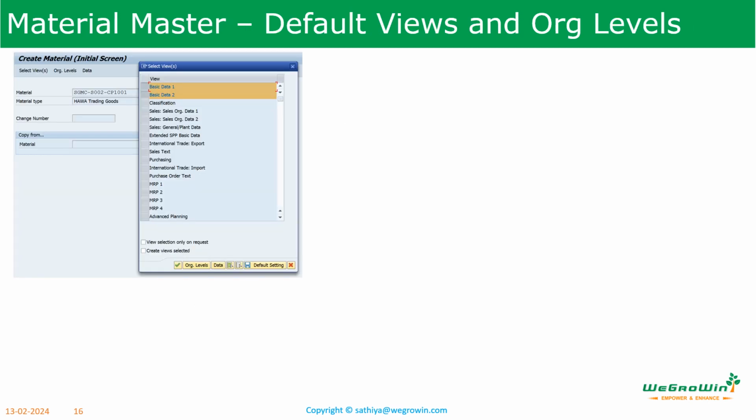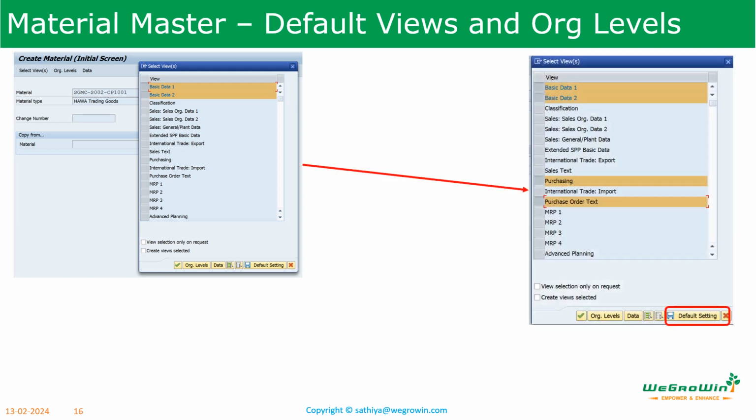In the last session we discussed and created basic views. So we selected only Basic Data 1 and Basic Data 2 views and we set them as a default. Since they were basic views applicable across the client, we did not select any organization because these are organization independent. Now we are going to create the purchasing related parameters by extending the purchasing view and the purchase order text view.